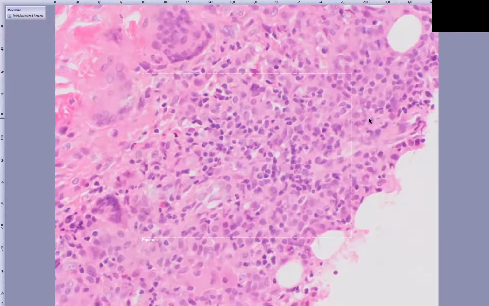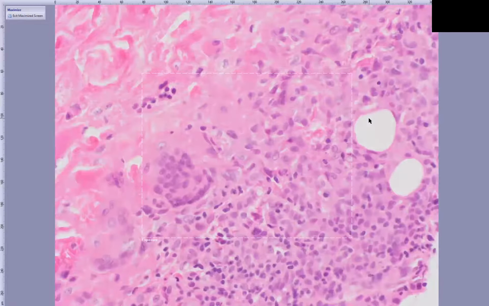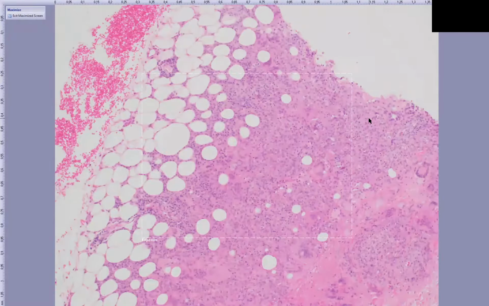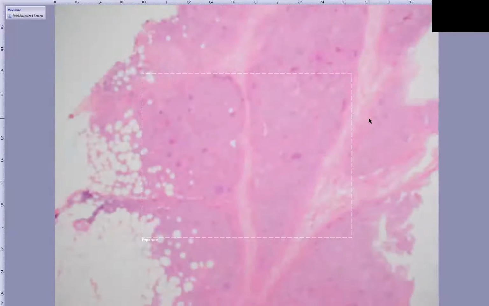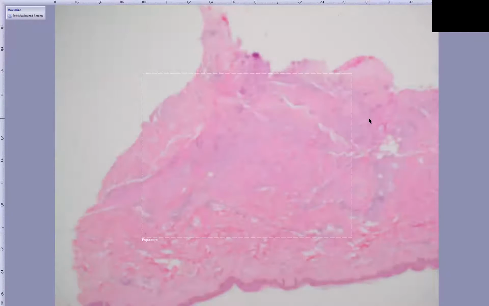The inflammatory infiltrate tends to be a little bit heavier in necrobiotic xanthogranuloma as compared to xanthogranuloma. You can see lymphoid follicles, although that's really not apparent in this example. I'm just going to try to see if I can find a good focus to highlight a little bit more inflammation.